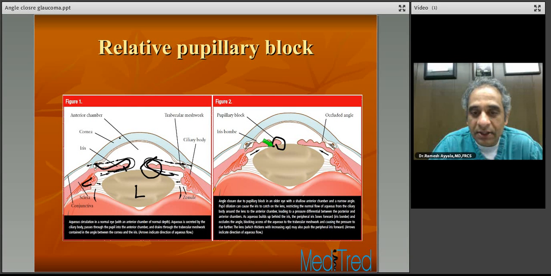As such, this aqueous that's accumulating in the posterior chamber here is going to balloon push the iris into a convex mode, and this in turn is going to block the angle structures and cause an acute attack of glaucoma. Even though the actual mechanics involved, I'm sure, is much more complex, simplistically speaking, I want you to understand this concept before we move forwards.